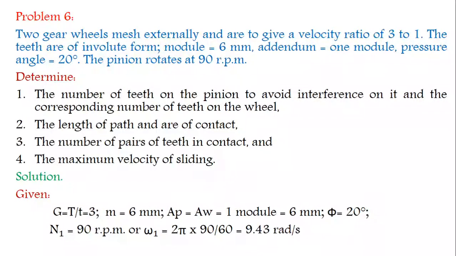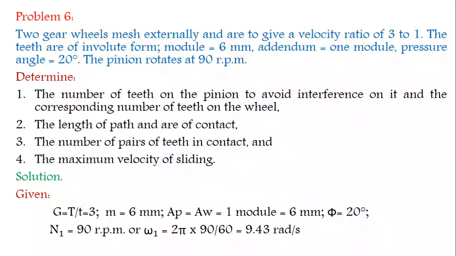Okay, what data are given? One is the gear ratio, capital T divided by small t equal to 3, and the second one is module m equal to 6, and AP and AW, the addendum of pinion and addendum of wheel, equal to 1 module, that means 6 millimeter.